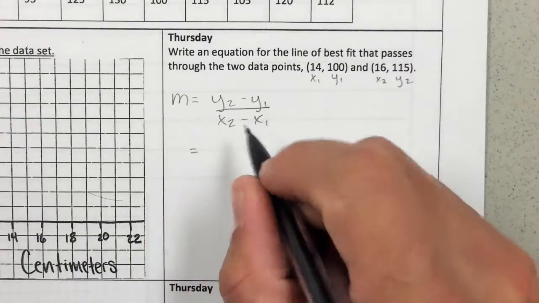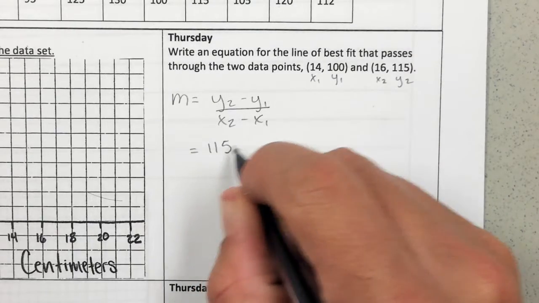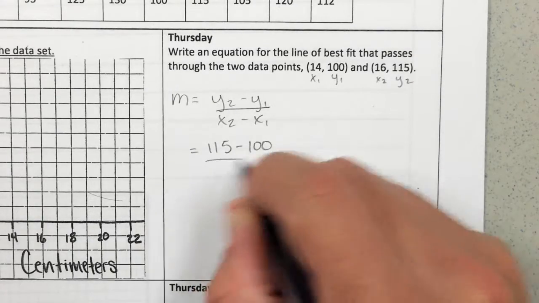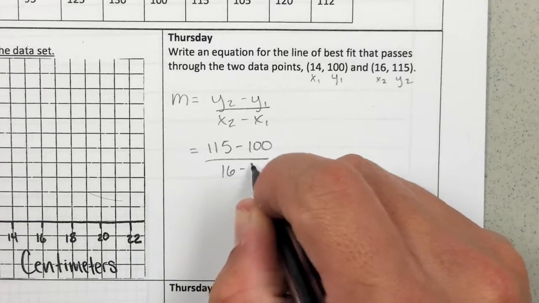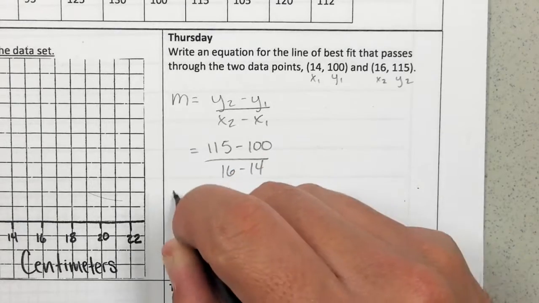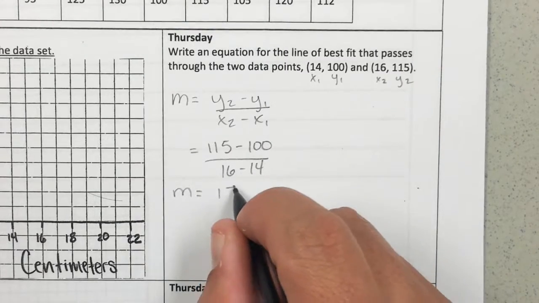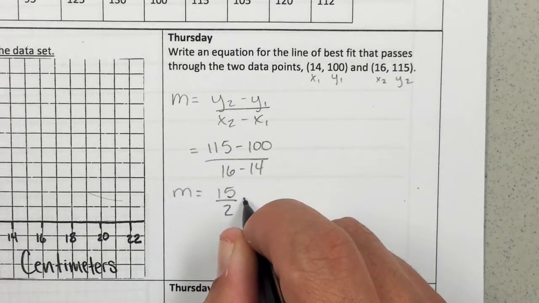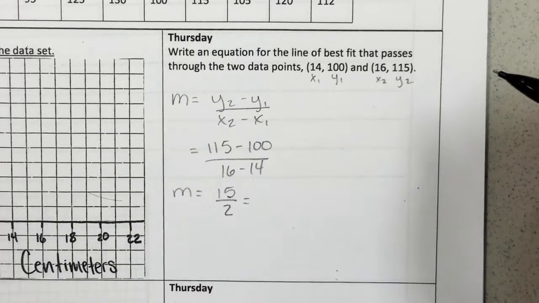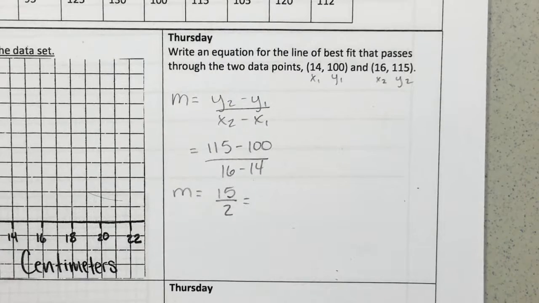So when we substitute in, we've got 115 minus 100 over 16 minus 14. And that is 15 over 2, which you can leave as 15 over 2, or you can simplify it down if you would like to 7 1/2, either way. Alright, I'm going to leave it as 15 over 2 because that is a simplified fraction.